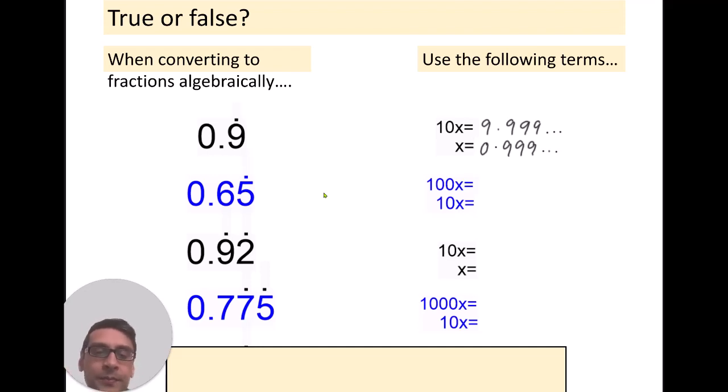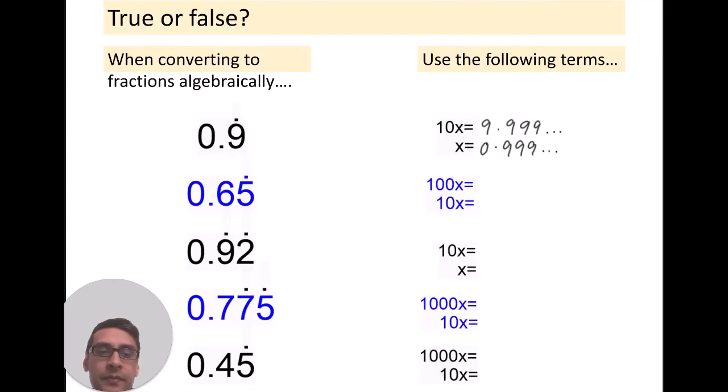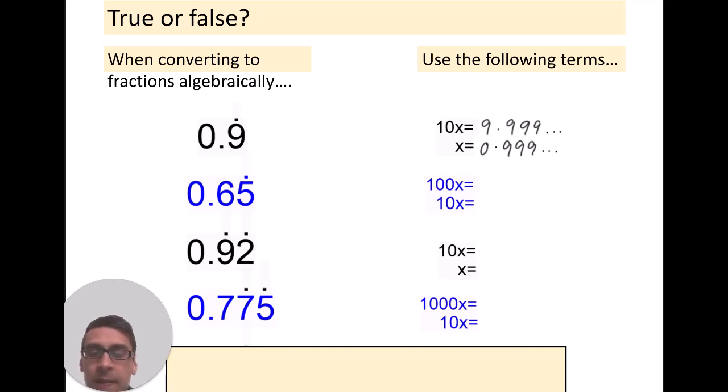0.775 recurring. Does that work? Right, so 10x would be 7.75 recurring, 7.757575. 1000x would be 775.757575.